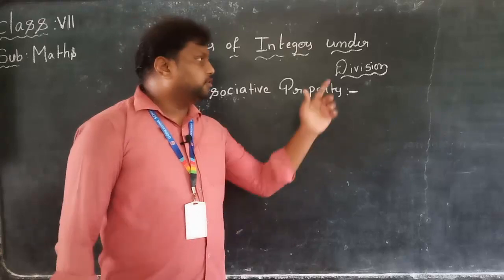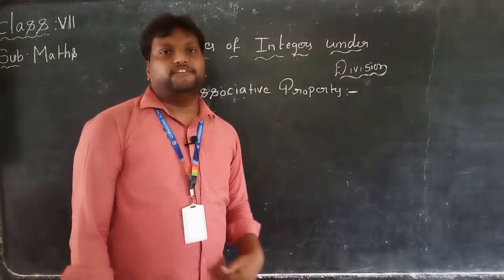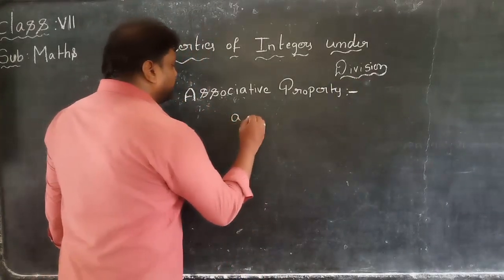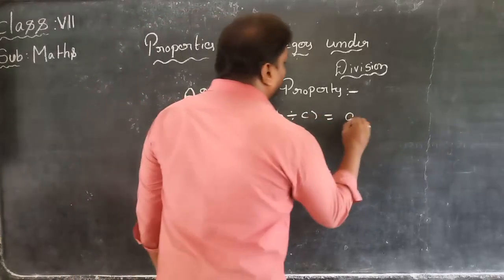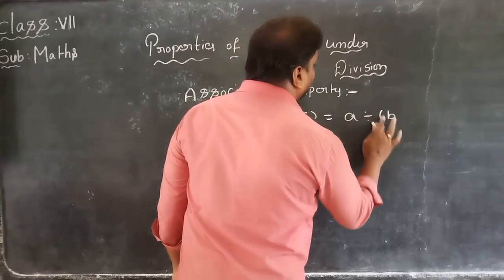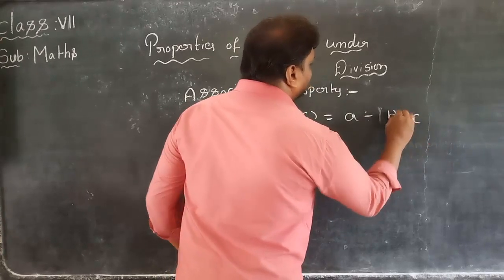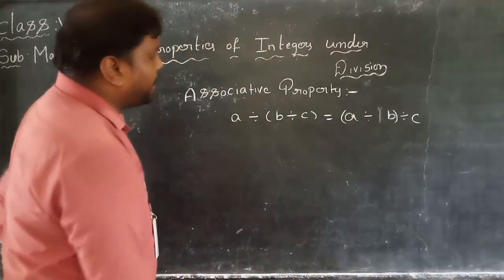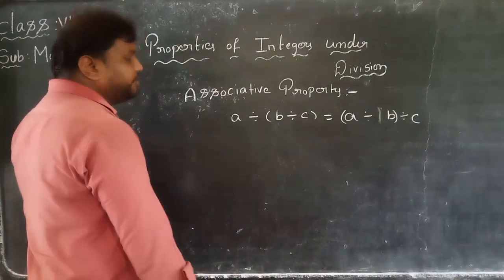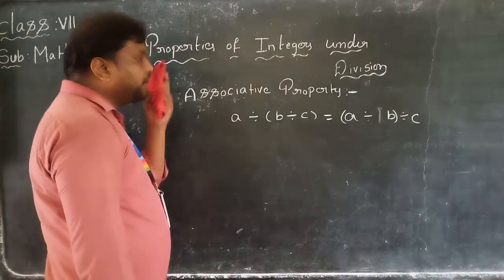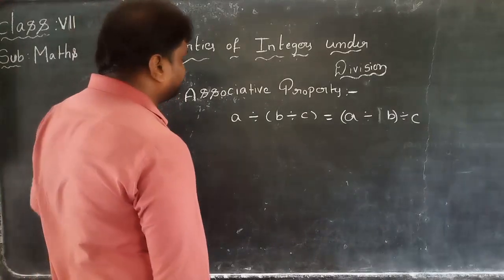It is not applicable for subtraction and division. For example, a divided by b divided by c is equal to a divided by b divided by c? Now I will take simple integers and check whether it is applicable or not.